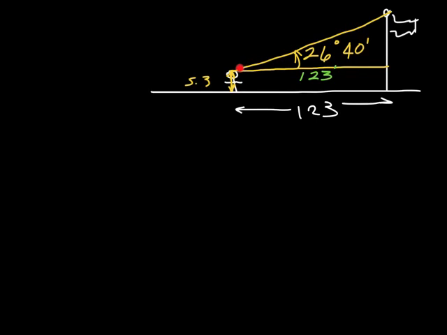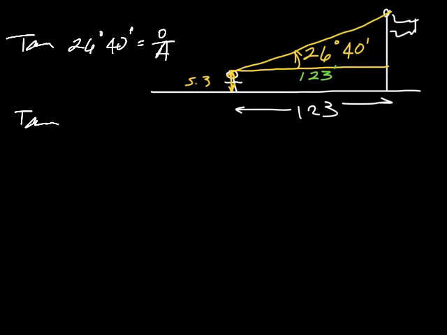That's not what we're looking for, so we can throw the cosine idea out. What we're looking for is the opposite height. Opposite and adjacent are tangent. Tangent is opposite over adjacent. So the tangent of 26 degrees, 40 minutes is opposite over adjacent.